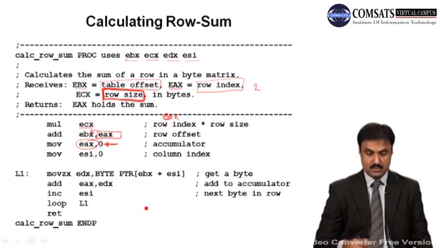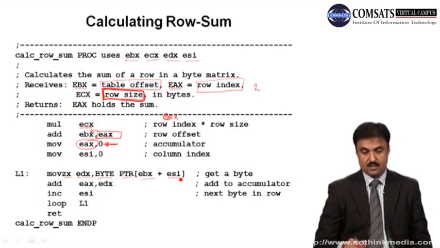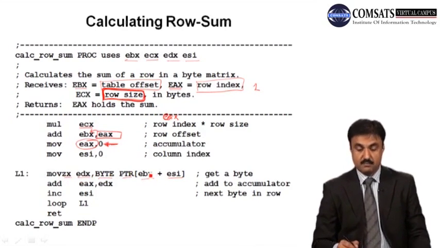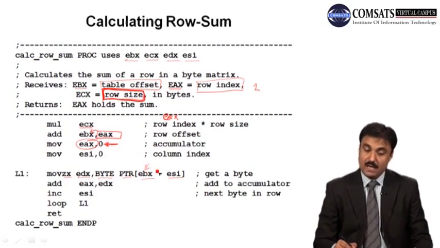Here we move with zero extension into EDX a byte pointer. We are going to get a byte from EBX plus ESI.